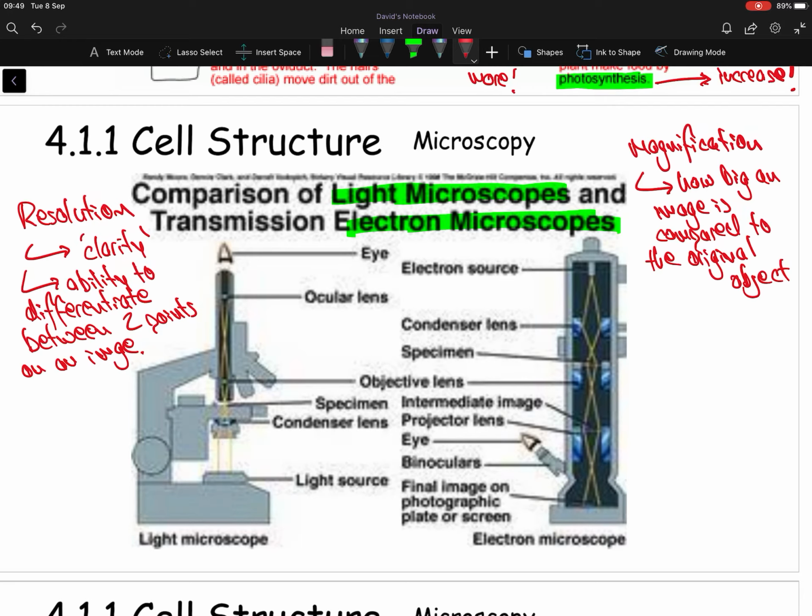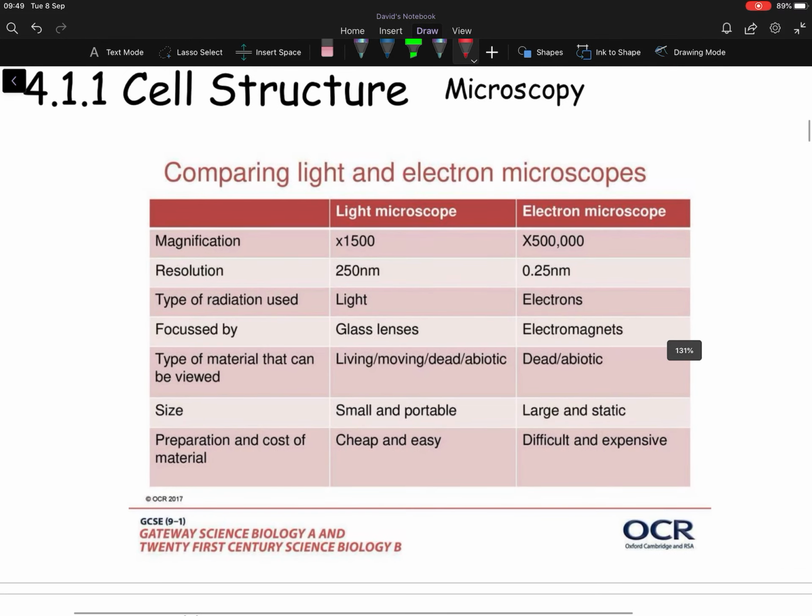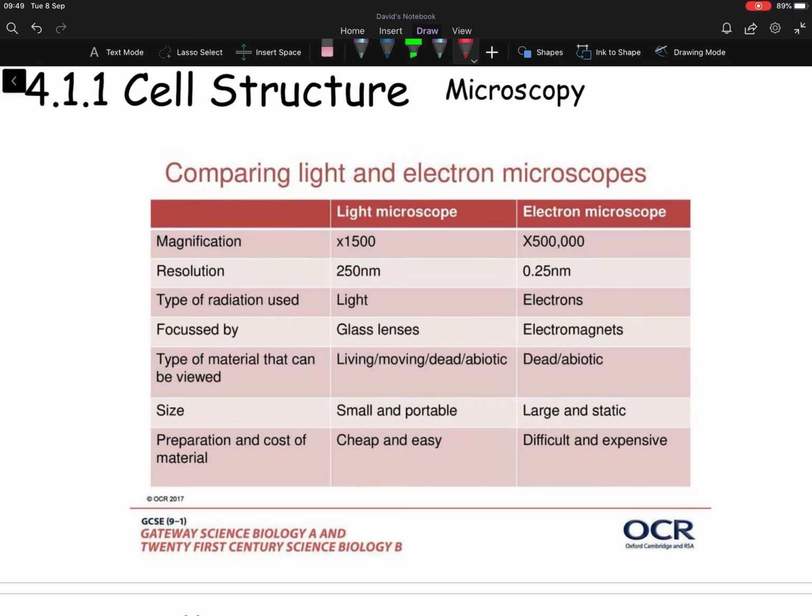Now, the main thing is to be able to understand some of the differences between them. And so we've got differences here between comparing the light and electron microscope. So, magnification and resolution.